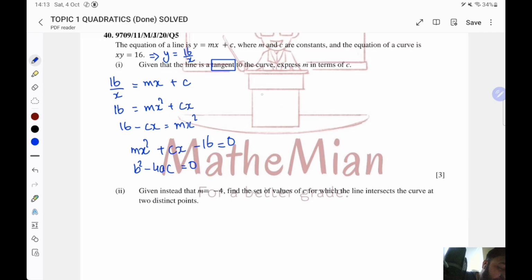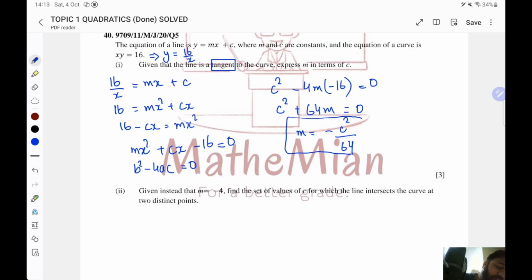So it's c square minus 4 times m times minus 16, and it will be 0. So it's c square plus 64 m equal to 0, and m will be equal to minus c square divided by 64. We were supposed to find the value of m when the line and the curve, they were tangent to each other.